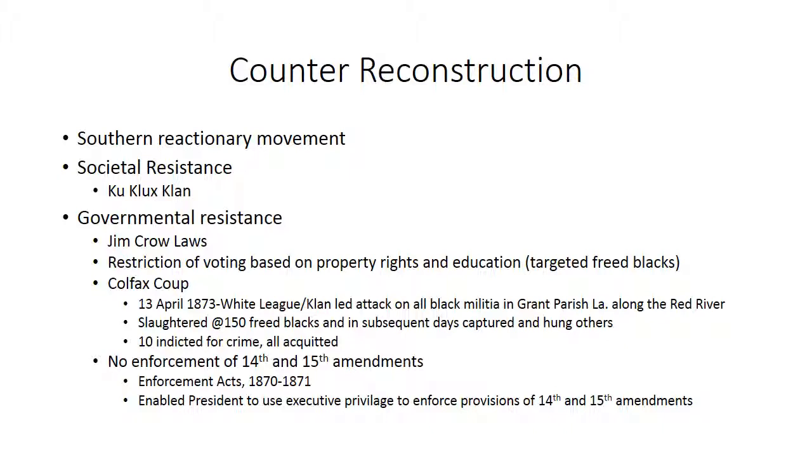Okay, and that's the last point, is the enforcement of the 14th and 15th Amendments. The 14th and 15th Amendments are never really very strictly enforced in the South. And even to this day, they're not enforced that much. The Enforcement Acts of 1870 and 1871 call for it, but they're not specific enough in how you're going to enforce these laws. Ultimately, this will be the idea of the development of a quota system that will essentially enforce these laws.